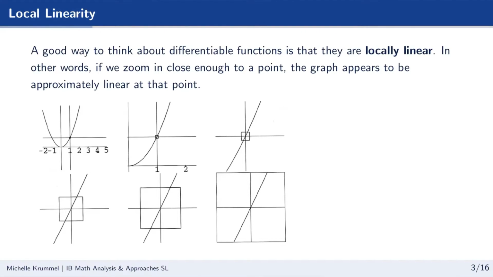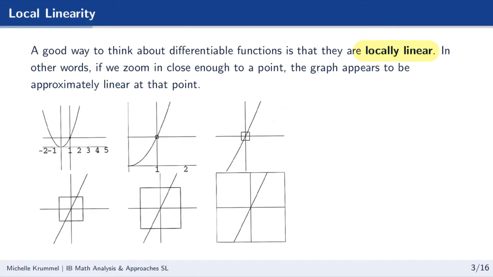A good way to think about differentiable functions is that they're locally linear. And what do we mean by locally linear? So hopefully you know what it means to say something is linear, right? If it's linear, then the graph looks like a line. So locally linear means maybe it's not linear when you zoom out and look at the big wide picture, but if you were to zoom in really, really, really close on that point where x equals a, it's going to appear linear.